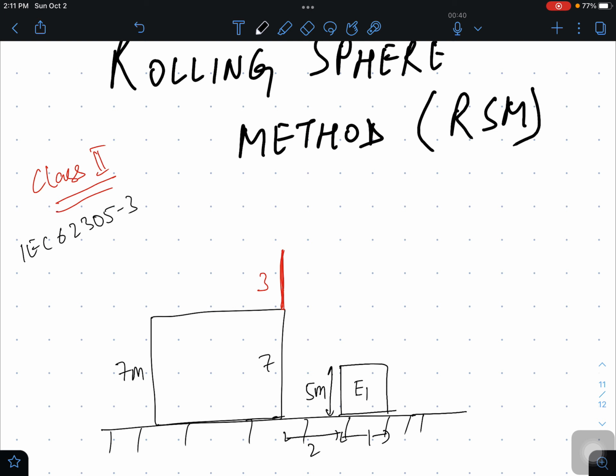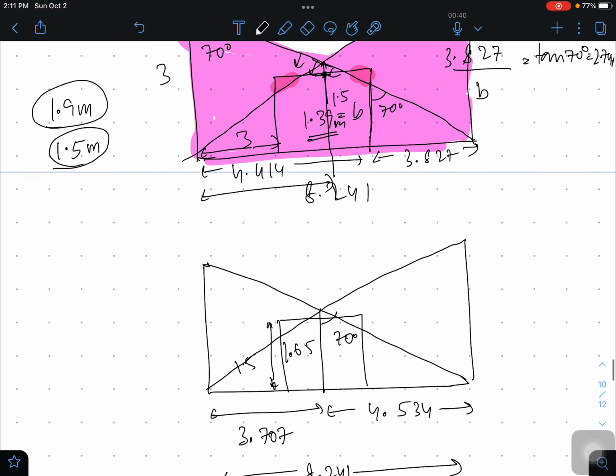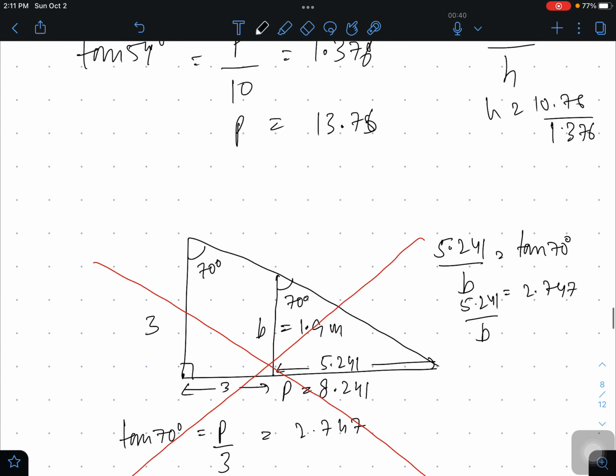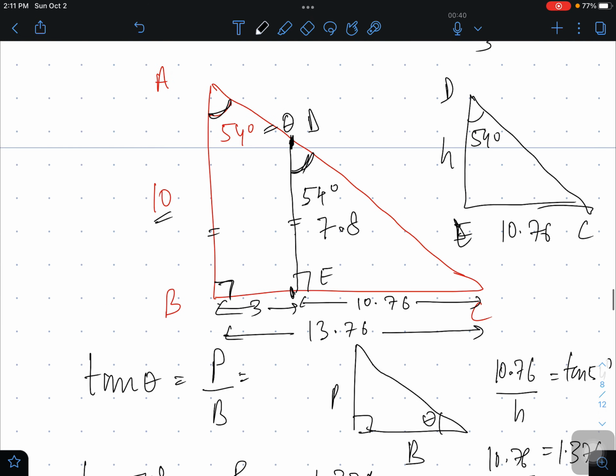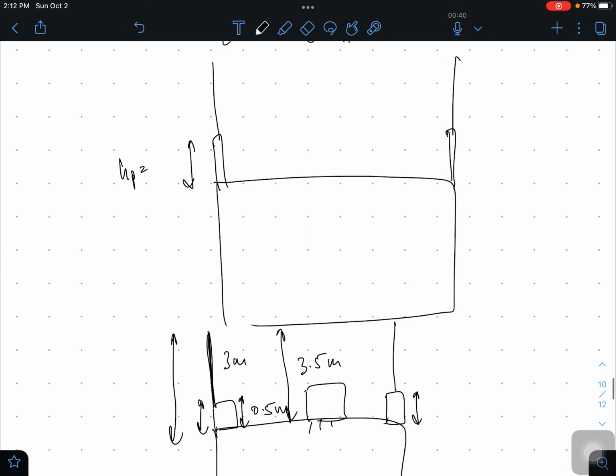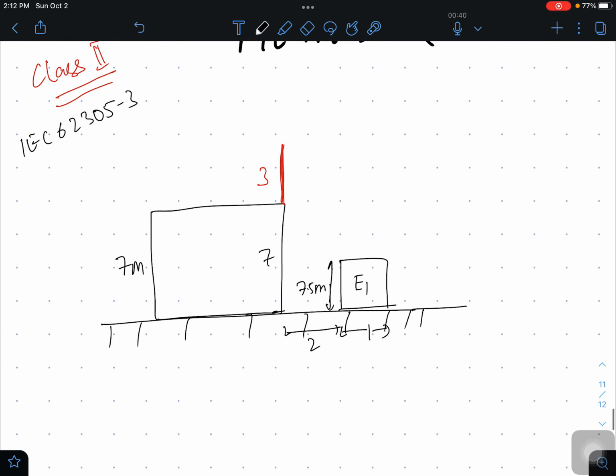But till this, let us suppose this equipment has a height of 7.5 meters now instead of 5 meters, and in case we go back to protection angle, we will find that the value was coming 7.8. So I will just draw this image once again. So this was the case.